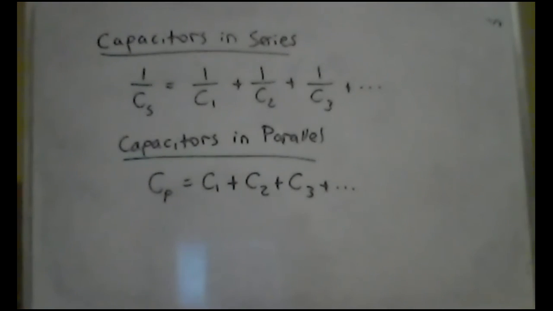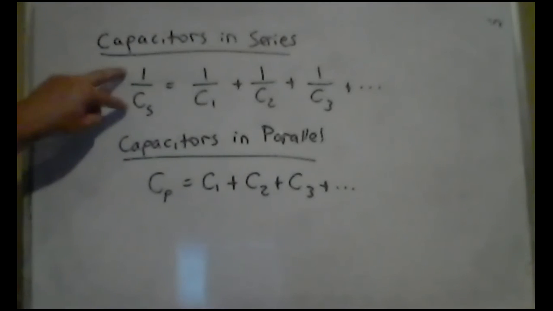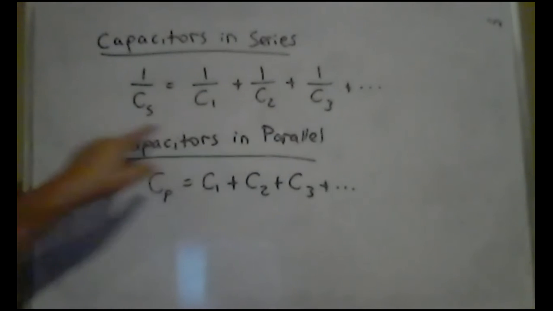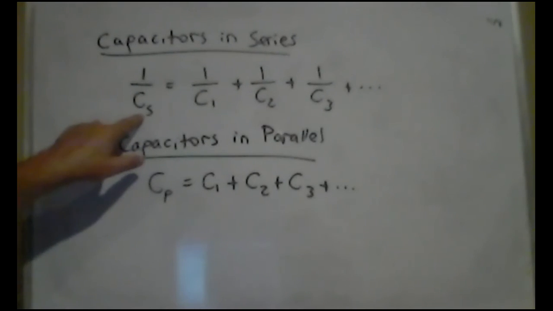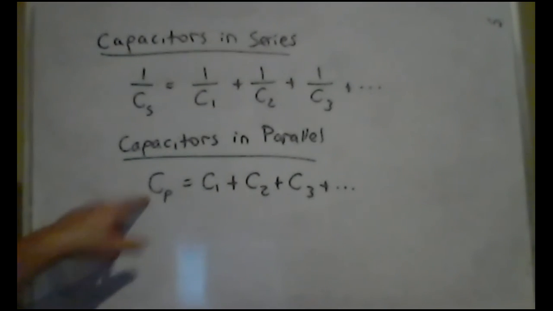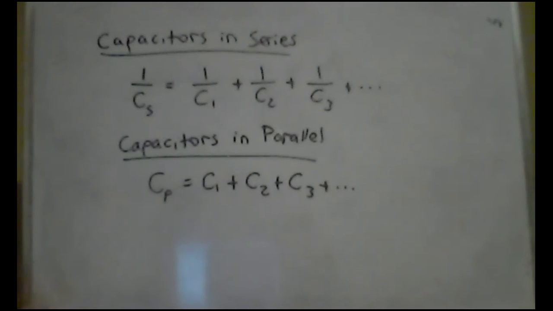All right, so again, you have capacitors in series. The equivalent capacitor, I can rip out the capacitors in a series and put one capacitor in. I would arrive at that capacitance through this relationship. And if I have capacitors in parallel, I want to rip those out and put one capacitor that represents them. I would find that by simply adding up all the capacitors that are in parallel. All right. So what's left to do for the rest of this lecture is just work out a few problems and then call it a done deal.